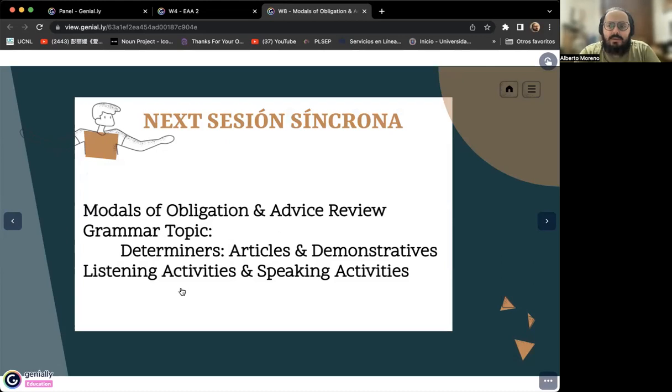Bueno, déjeme lo reviso. A mí con el link no me dejó, pero después agregué el ID y el password y ya me dejó. Ok, déjeme lo reviso porque en otros grupos, pero es de inglés 2, cambié el enlace. O sea, ya no se utilizó el enlace que se estaba utilizando antes. Es decir, programé otra sesión síncrona.